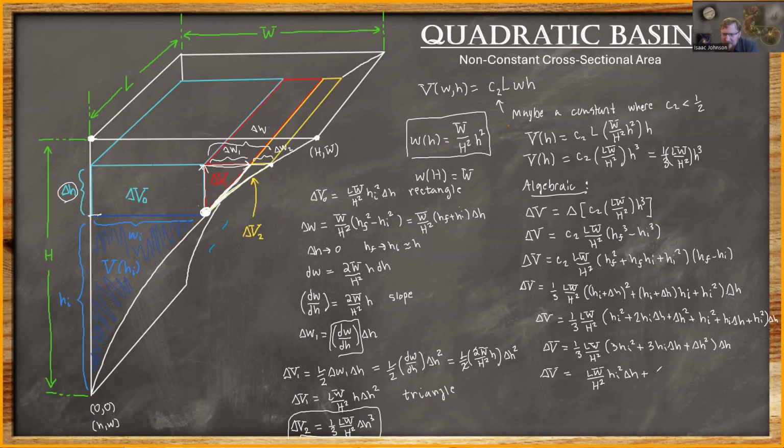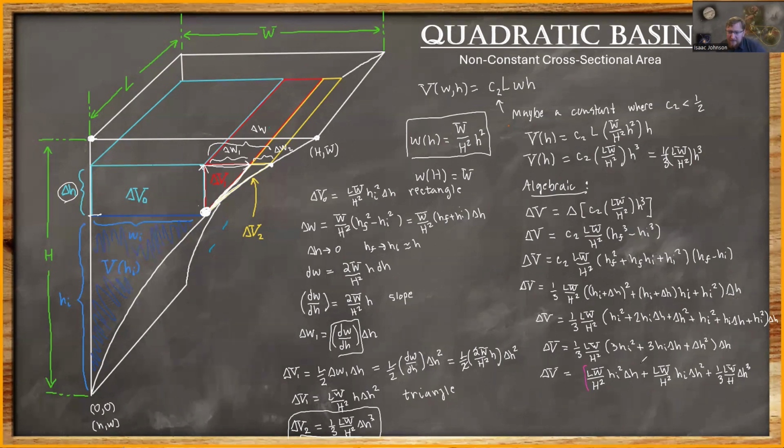For the second term, we get L W over H squared times H initial delta H squared. And for the last term, we just get 1/3 length times width over absolute height times delta H cubed.